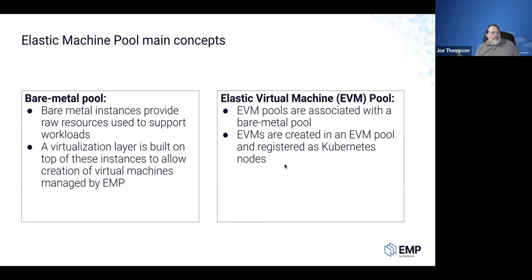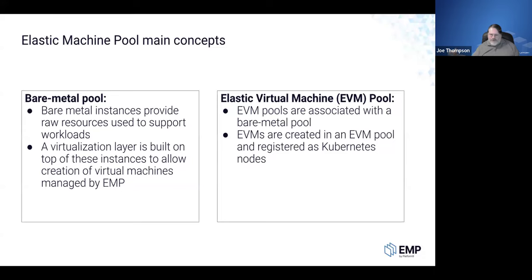So EMP also has a two-level scaling configuration. In this case, it's divided up into a bare metal pool, and then on top of those, you can have one or more bare metal pools, just like with Karpenter, you can have one or more EC2 node classes. Then on top of your bare metal pools, you have elastic virtual machine pools, and we'll talk about what an EVM is in just a minute.